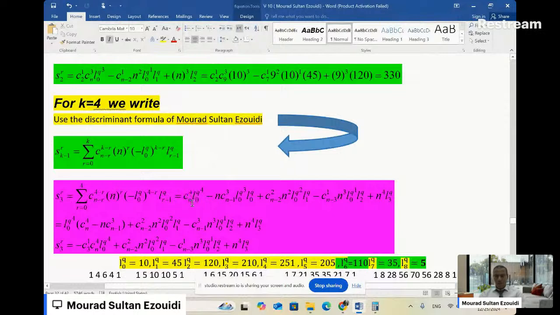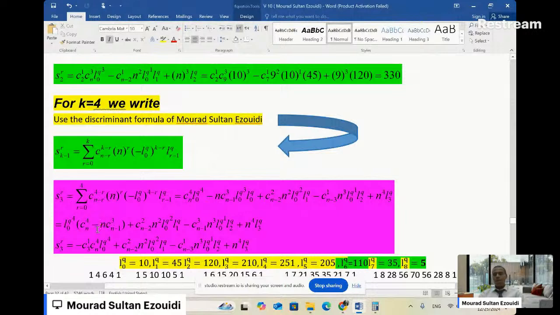I will now substitute r with 0, then 1, 2, 3, and 4. Note that L0 times L042 is in fact equal to L042, a common factor. You should write it like that: L042 raised to the power 4 is the difference between combination n 4 and n times combination n minus 1.